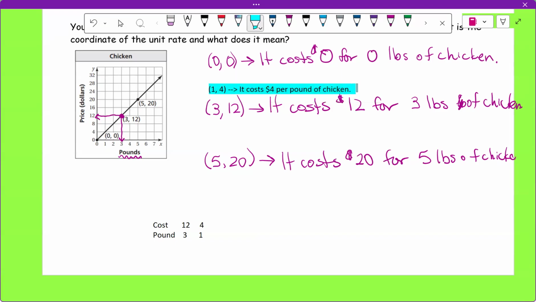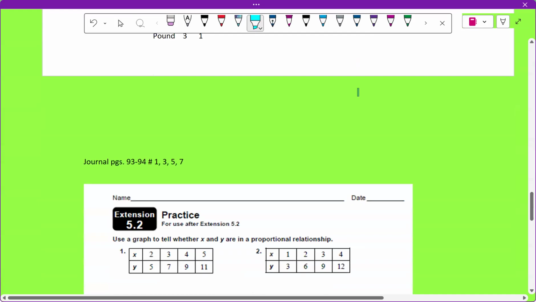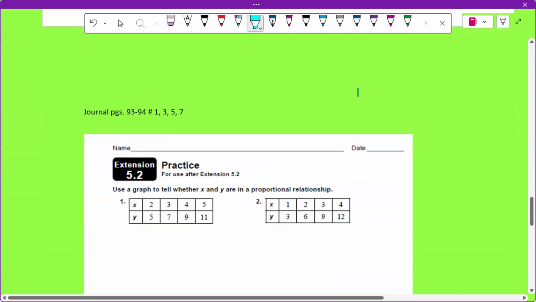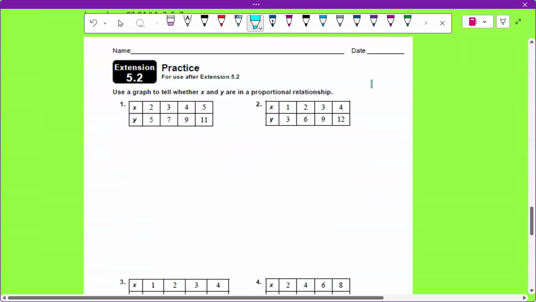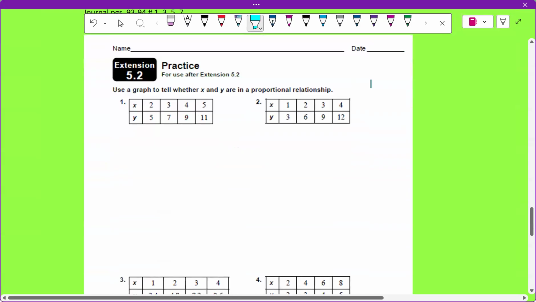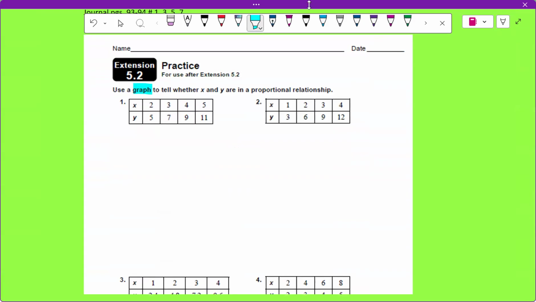All right. Now, I'd like you to go to journal pages 93 and 94. On journal page 93, it says use a graph to tell whether x and y are in a proportional relationship, but you don't need to do that. Use the example on the first page to figure out whether there's a constant rate of change, equivalent ratios, and whether the data goes through 0, 0.